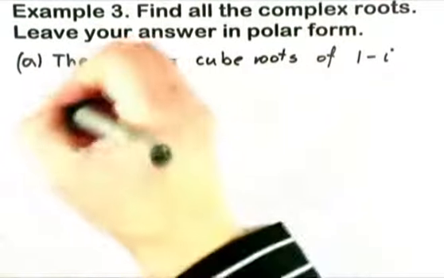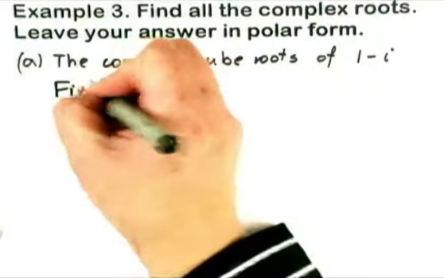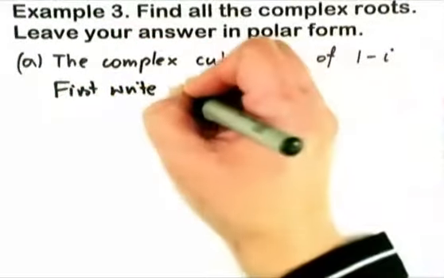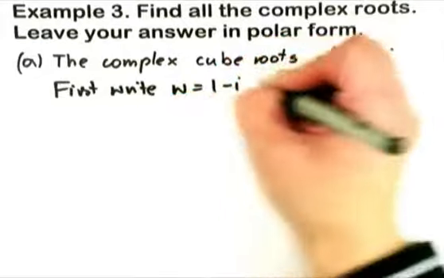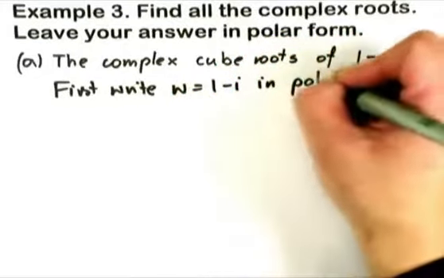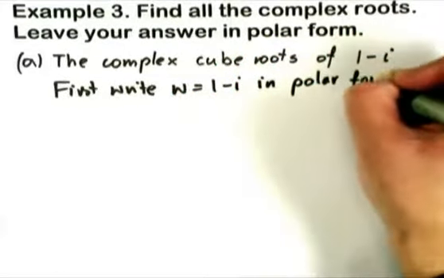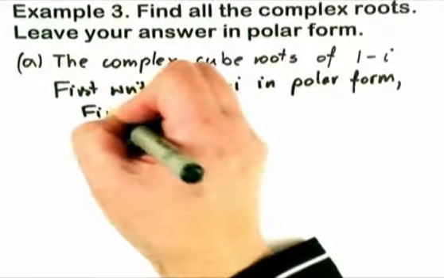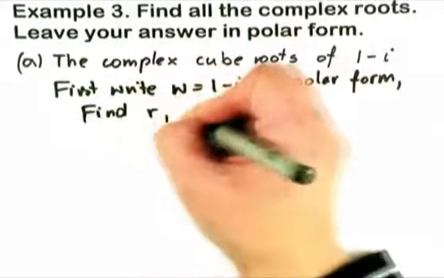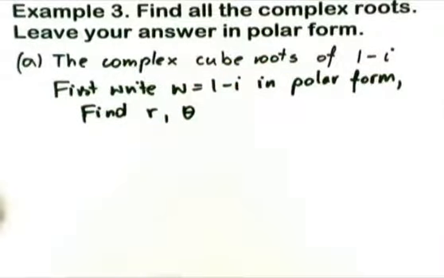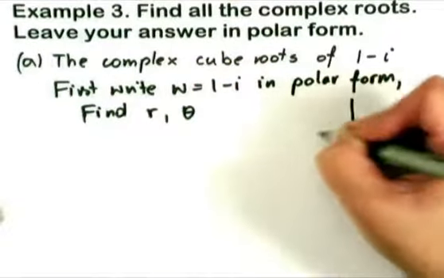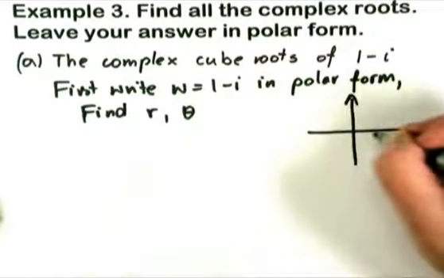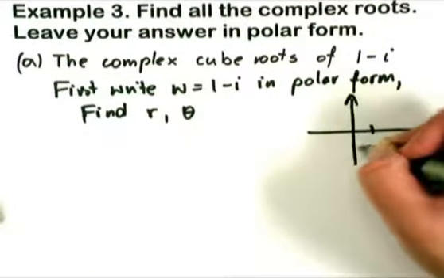First, we're going to call it our w, 1 minus I, in polar form. So we need to find r and theta. In that case we have 1 and minus 1 right here.